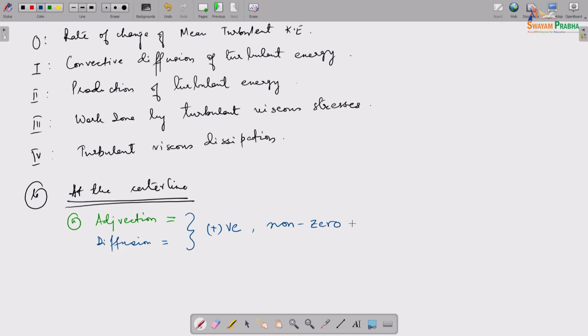Okay, then C is dissipation, right? And this is negative, non-zero. And production is actually 0.